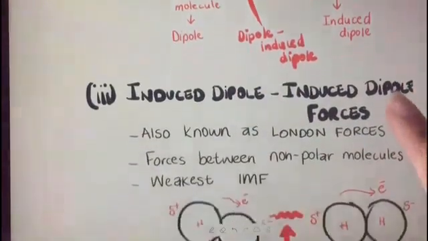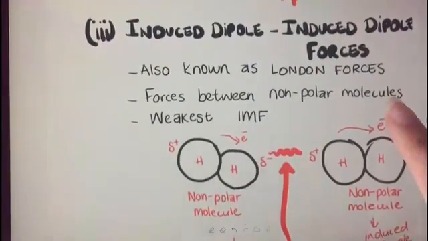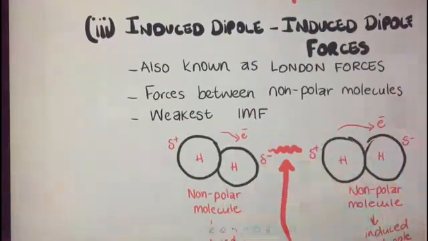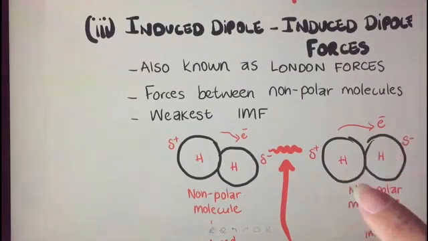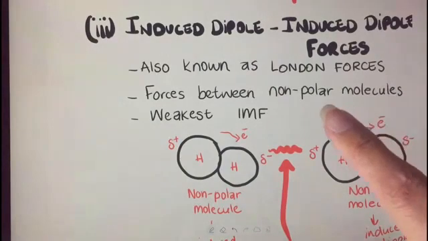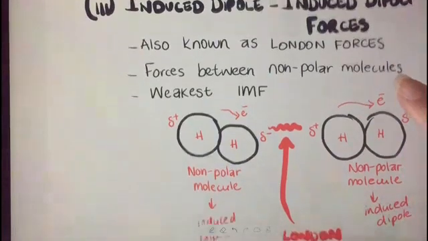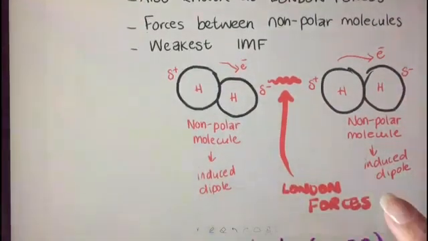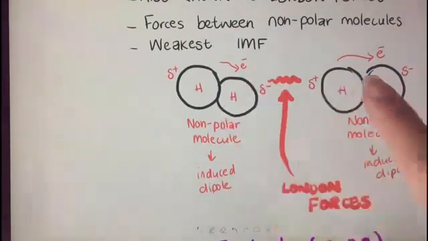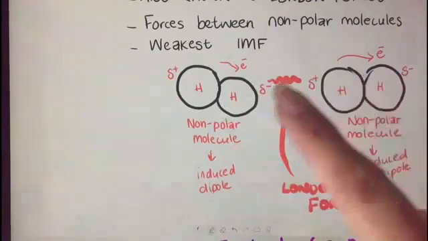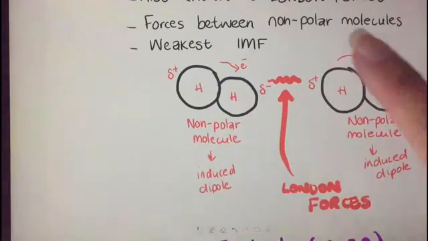And then the last type that you need to know about, induced dipole forces. And this is what we will find between non-polar molecules. Induced dipole forces are also referred to as London forces. And these are the weakest intermolecular forces that you can find. Take a look over here. I've got a hydrogen molecule and a hydrogen molecule. So non-polar, non-polar.